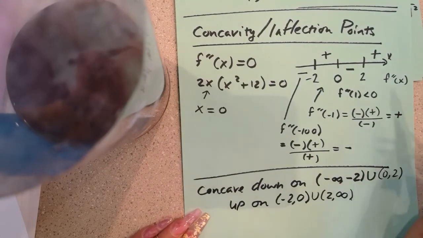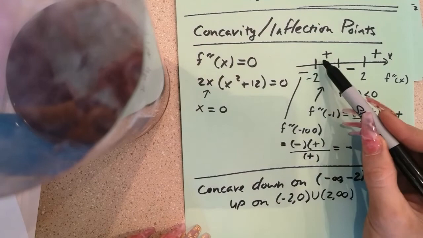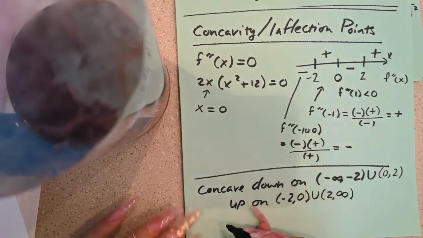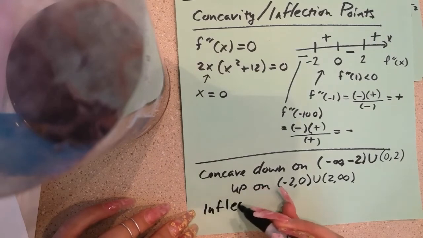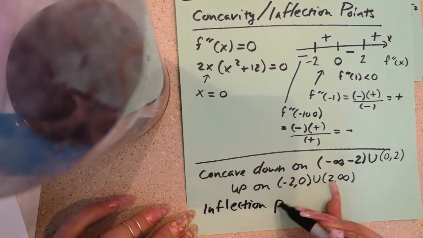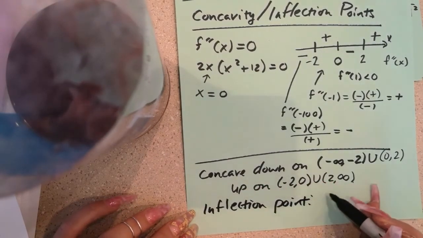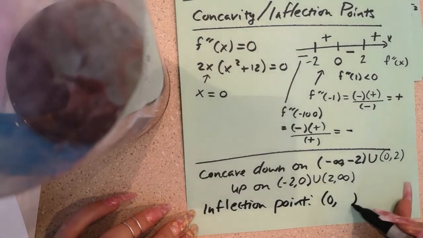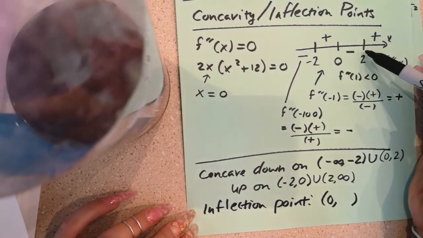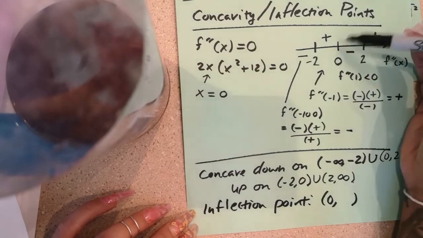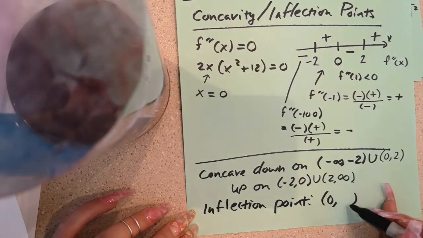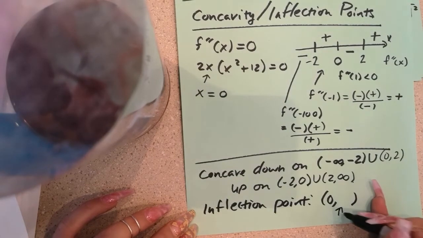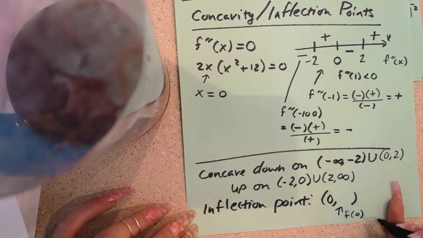But actually, even though it changes concavity at -2 and 2, the only inflection point would be at 0, right? Because these guys are vertical asymptotes. They're not going to actually be points on the graph. But here at 0, the graph does change concavity. So I have an inflection point at 0, comma, what the heck is f of 0?